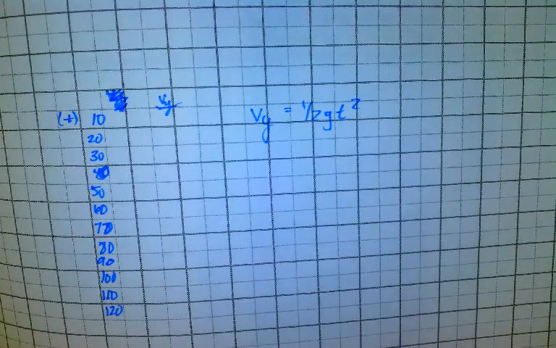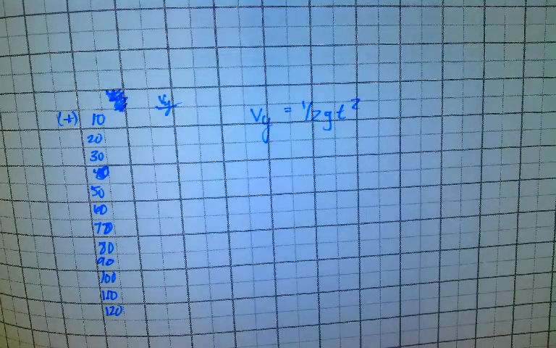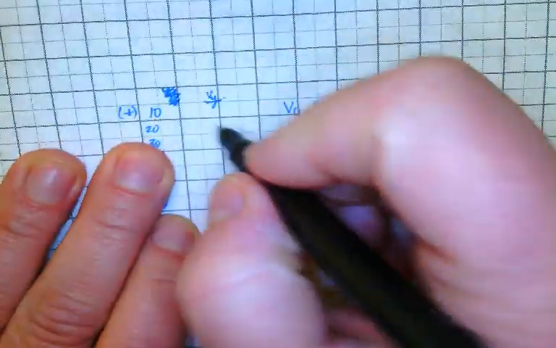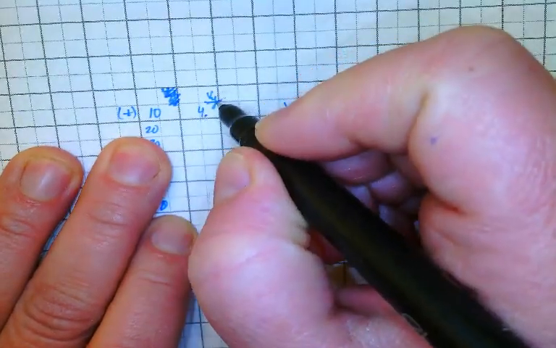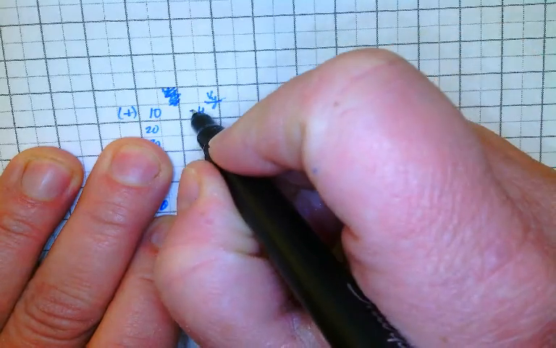Okay, now we need to graph it. You ready? Do you have your numbers? What did you say the first one was? 4 point what? Negative 490.